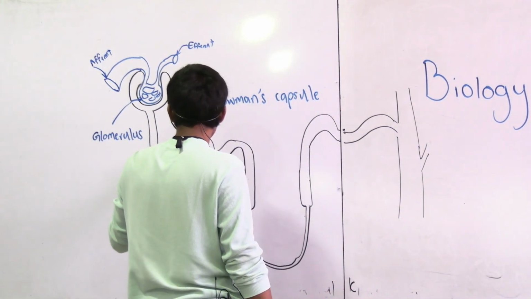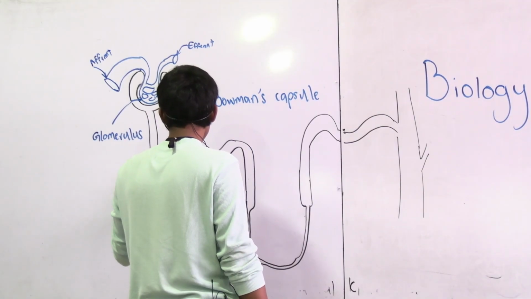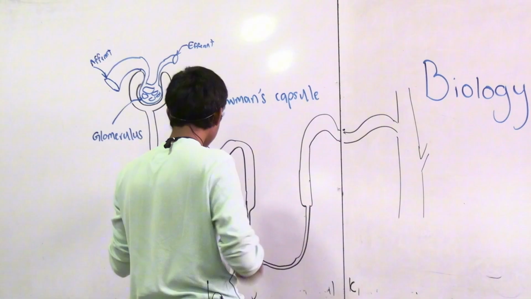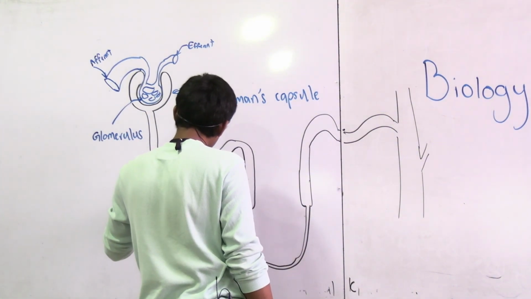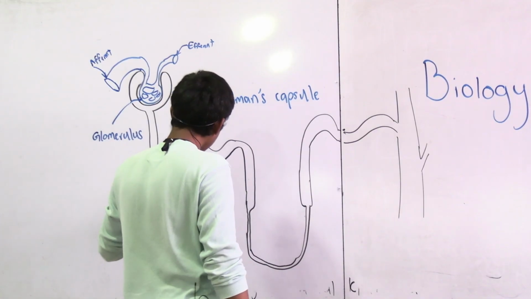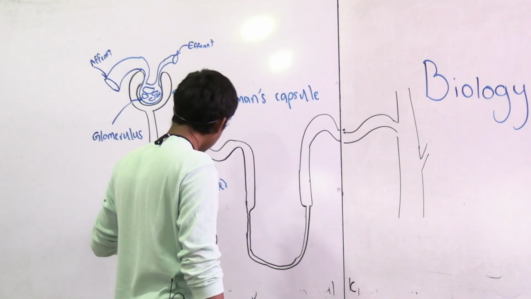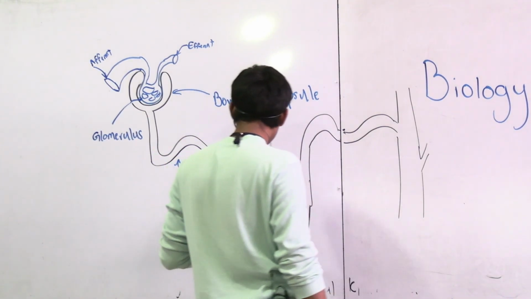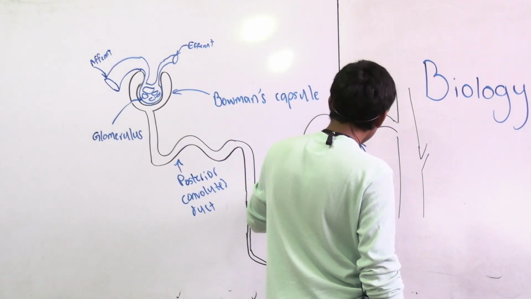These are like ducts, right? This is the proximal convoluted duct. This is the distal convoluted duct.